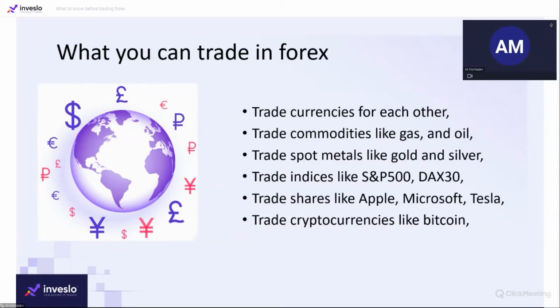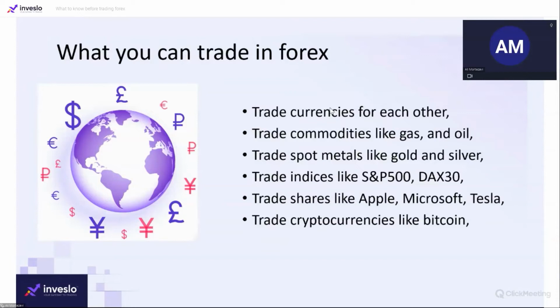The financial instruments can be categorized as below, as you can see here on my presentation. For example, we can trade currencies for each other, the euro against the US dollar, or, for example, the Japanese yen against the British pound. We can exchange those currencies for each other.